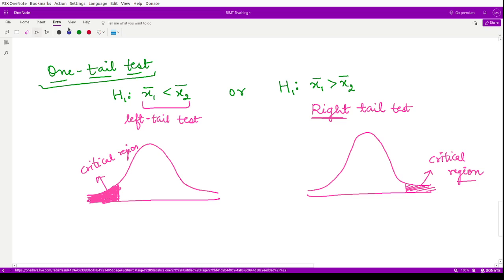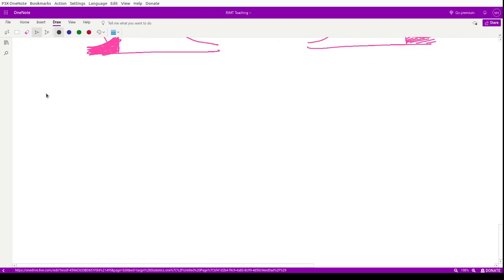Next thing, we may require one more thing, which is known as the degree of freedom. So what is degree of freedom? It is the number of observations that are free to vary after certain restrictions have been placed on the data.